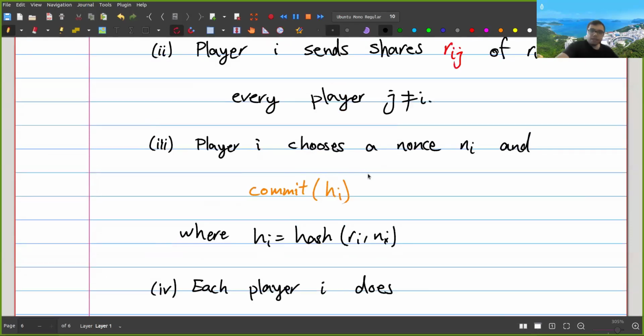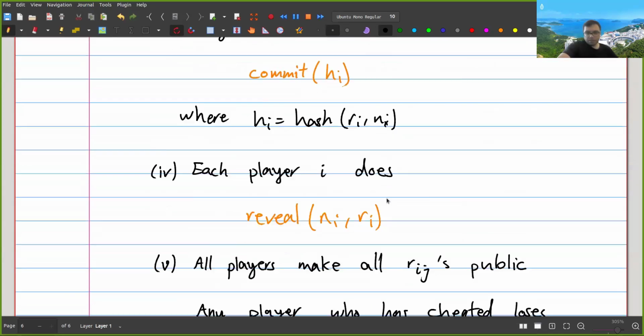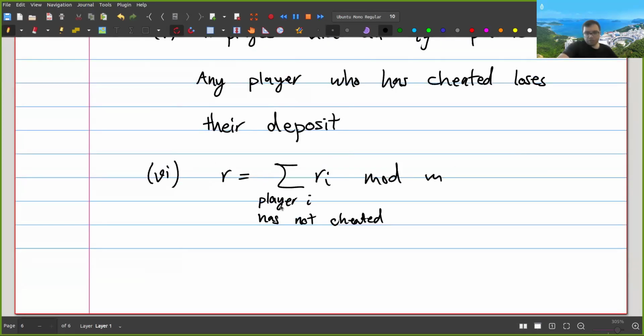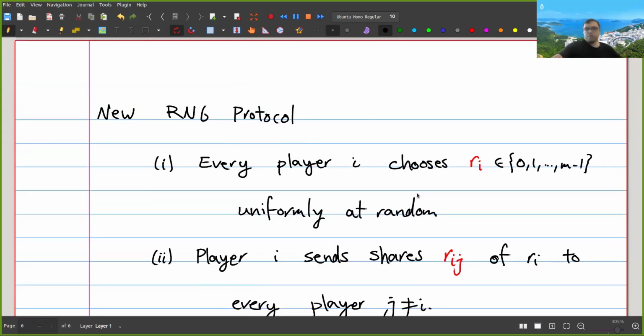Now, why does it have the properties that I like it to have? Well, I have this property, of course, which is R is the sum of Ri's. So let's say I have a player who wants to cheat, who wants to tamper with the result or wants to tamper with the distribution of the result. Now, how can they do this? Well, the first thing they can do is maybe they choose this Ri not uniformly at random, but based on some other distribution.